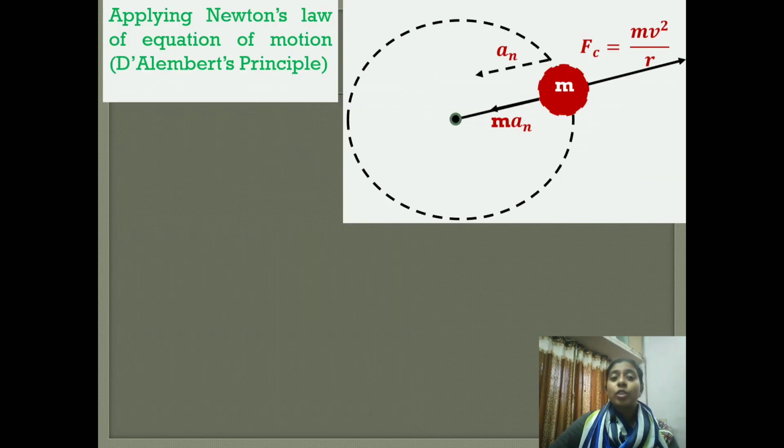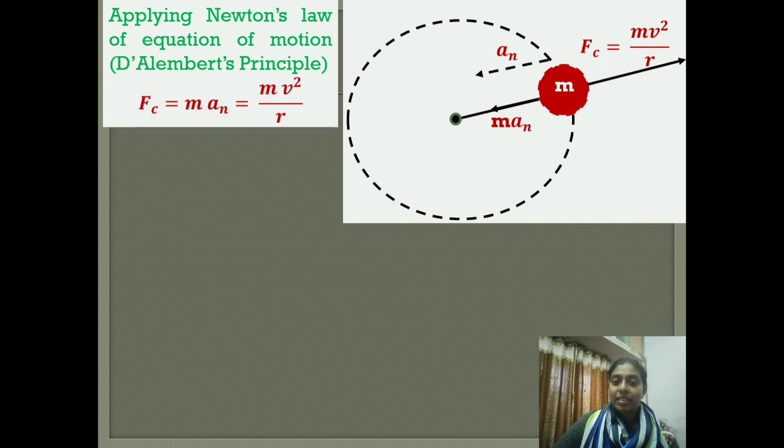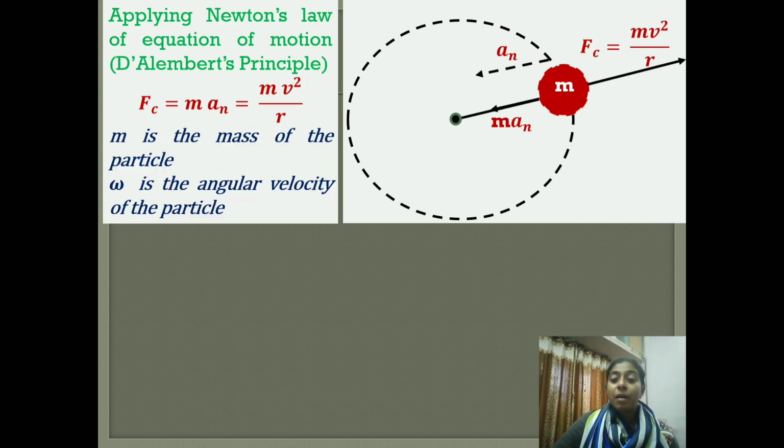Now we apply Newton's law of equation of motion, or D'Alembert's principle. Applying force is equal to mass into acceleration, we get the centripetal force Fc equal to mv square by r, where m is the mass of the particle and v is the linear velocity.